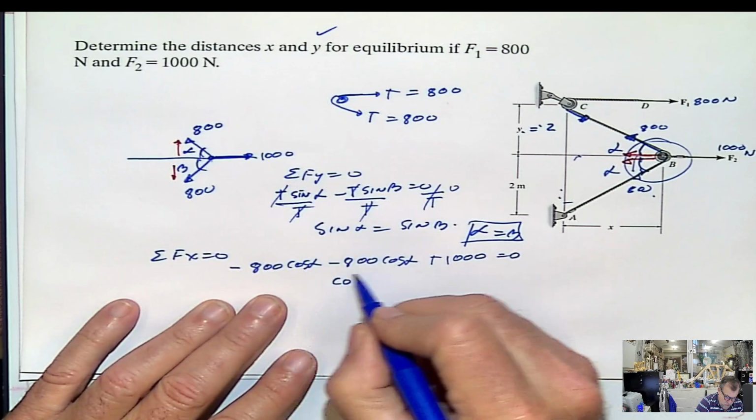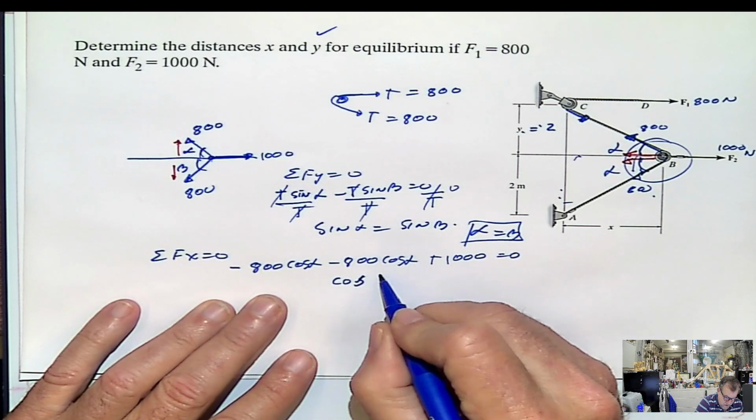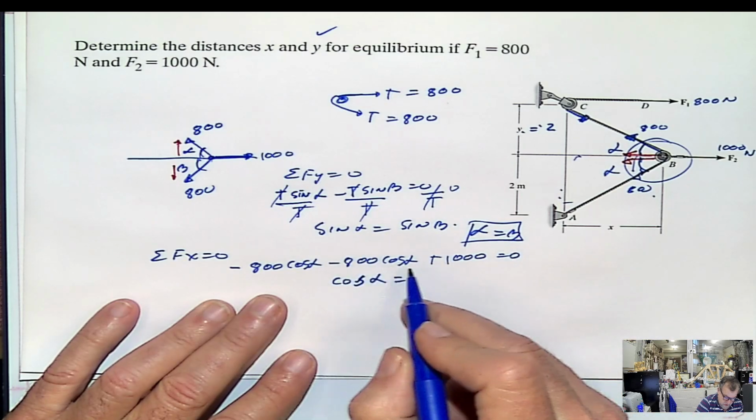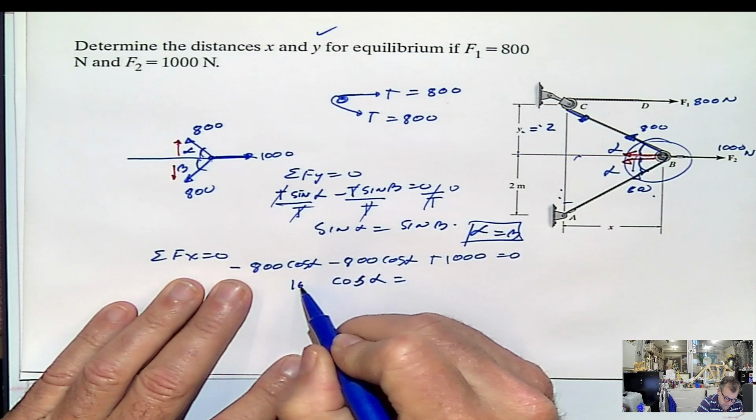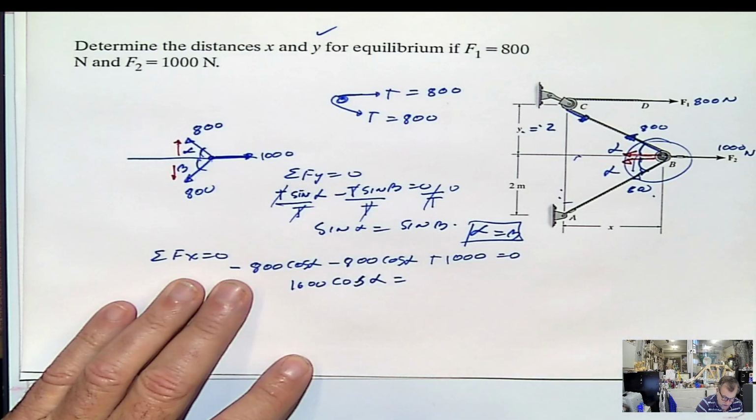Basically, if I group cosine alpha here, I'm going to group this like 1600, and I'm going to pass it to the other side.